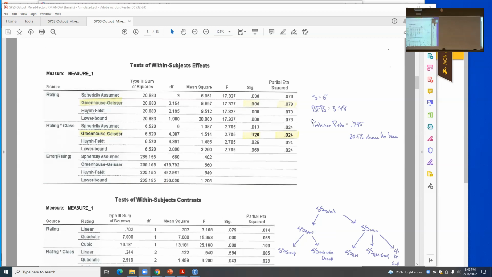Now, what's my strength of evidence here, Matt? Partial eta squared. Well, I kind of wrote some stuff up here. I got an S value of 5, a Bayes factor bound of 3.88. Looking at my p value, do I have super strong evidence? It's unlikely, but it's not super strong. Yeah, it's some, right?